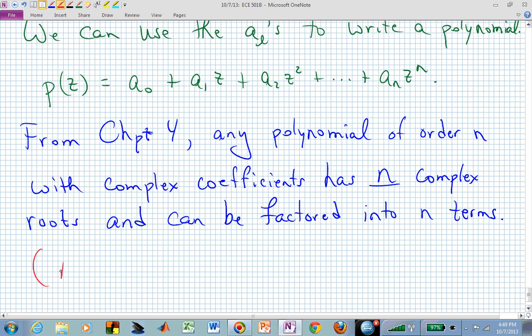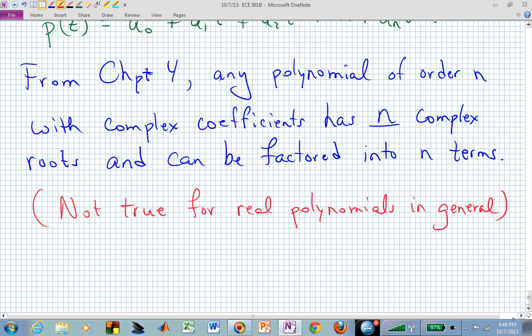So this is not true. I guess I'm putting it in red, sticking with the color theme of the university, red and blue. So that's not true for real polynomials in general, and we'll get back to that. But there we had to have quadratic factors, or potentially quadratic factors, that couldn't be factored into real linear factors.